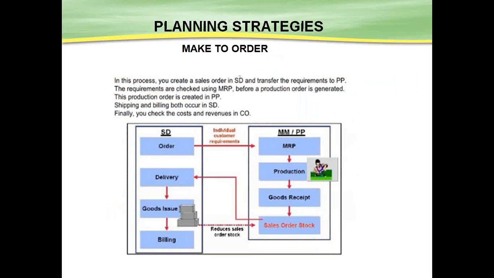This is one flow of the make to order scenario. In this process, you create a sales order in SD. So here the sales and distribution module is linked with my production planning module, and after that the requirement of my finished product will be transferred to my production department, that is my PP module.